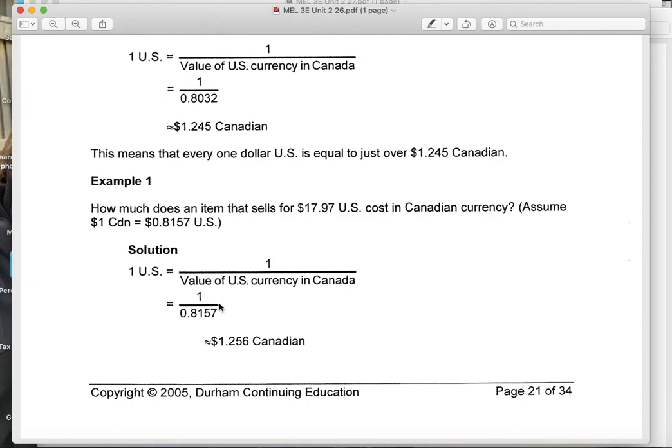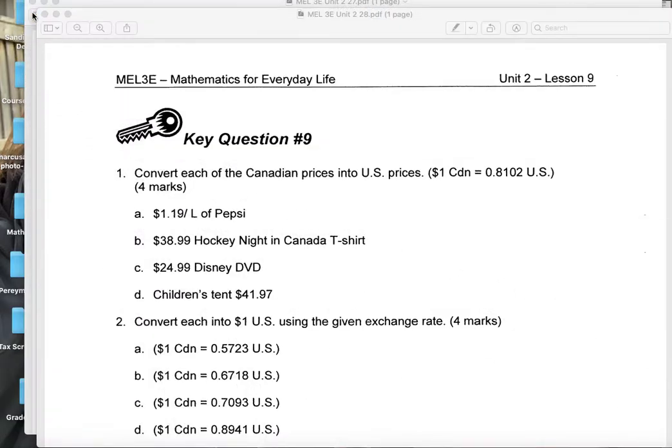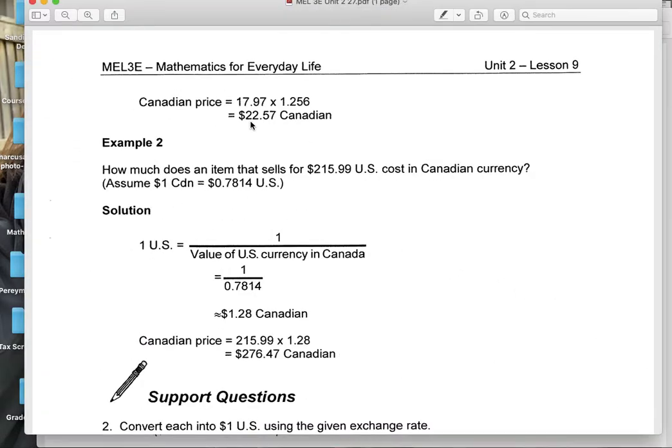So when we divide 1 by 0.8157, we are getting 1.256 Canadian dollars. So we want to find out how much $17.97 is Canadian dollars with this exchange rate. So what we're going to do next is we are going to take the price of $17.97 and multiply it by that step we just did.